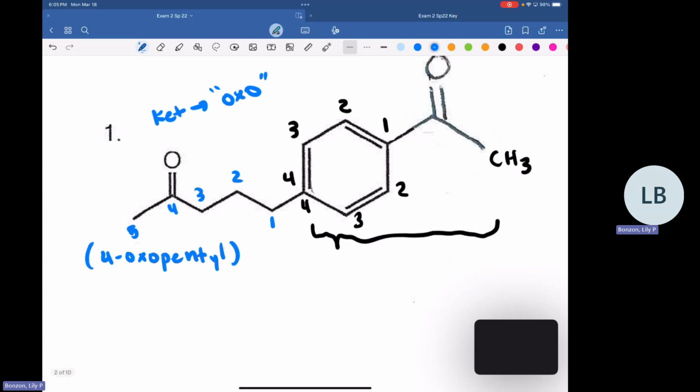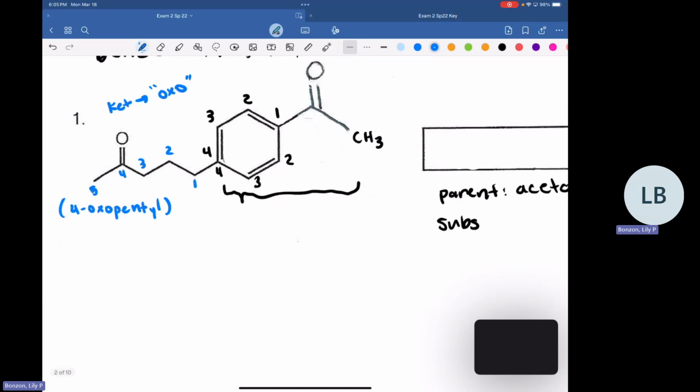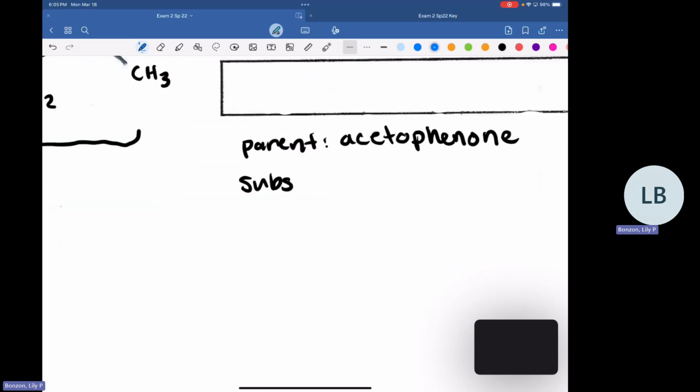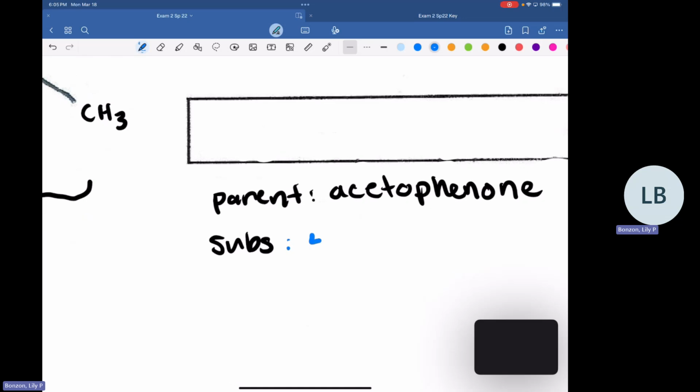So pentyl is going to come from the 5-carbon chain, and then at carbon 4, we have that ketone, which is where we get that oxo. And there's no other substituents on that benzene ring, so we can just throw that over here. The number that it's on the benzene ring is carbon 4. So the complex substituent name is going to be 4-(4-oxopentyl).